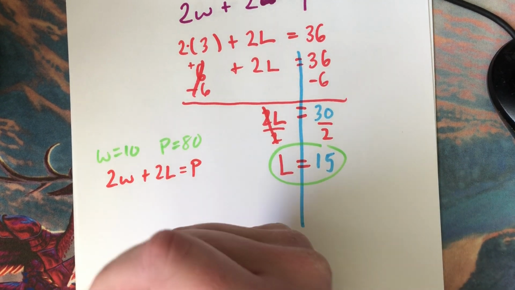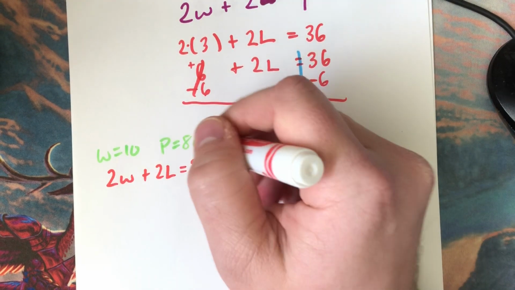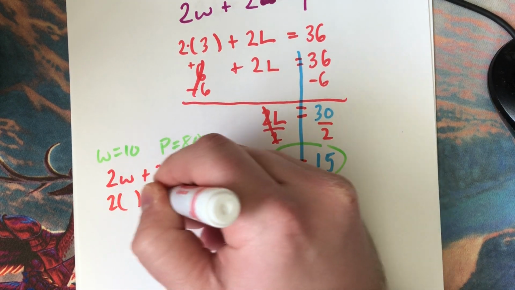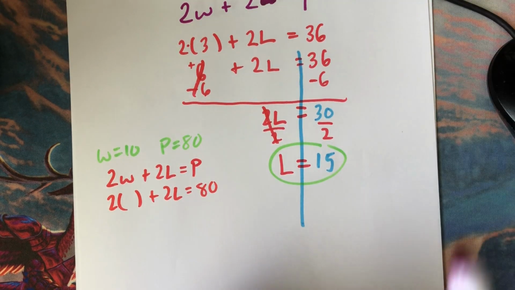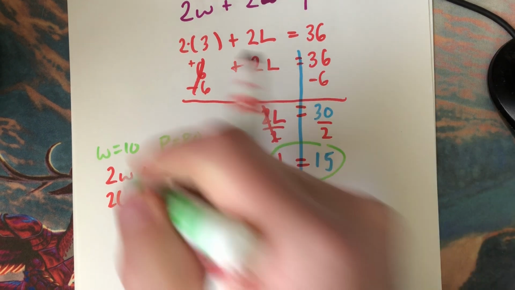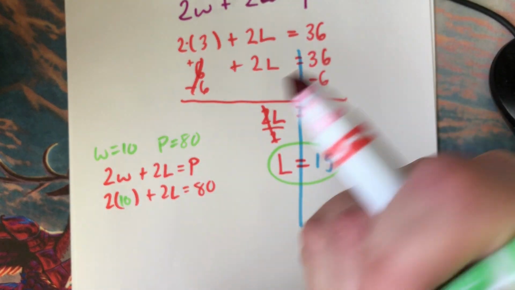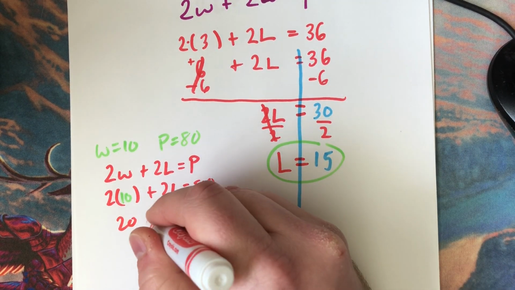So if I do this again, it's literally the same process. So the W is going to be 10 again. So here we get 20, because 2 times 10 is 20.